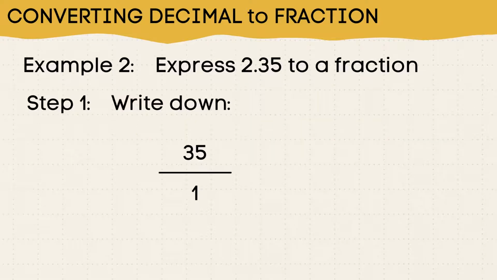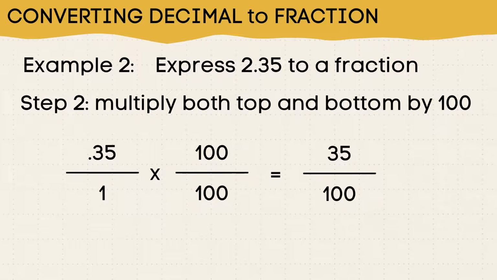So again, the first step, oh, sorry. So that is 0.35, okay? The numerator is 0.35. So 0.35 divided by 1. So write that 1. And then 0.35 over 1 times 100 again. Why 100? Because you have 2 digits in the decimal part.